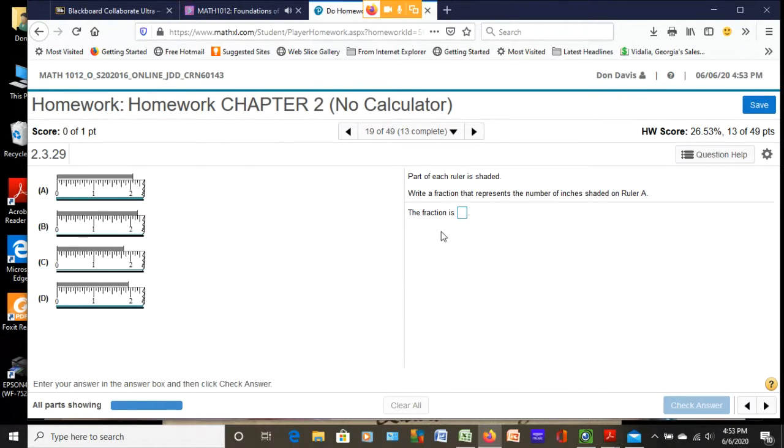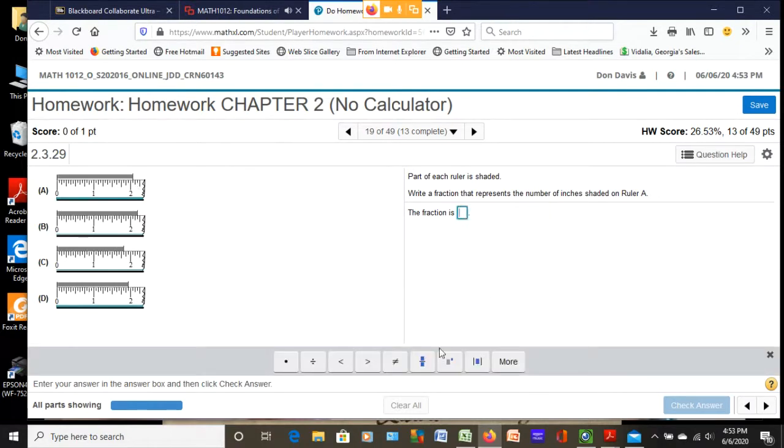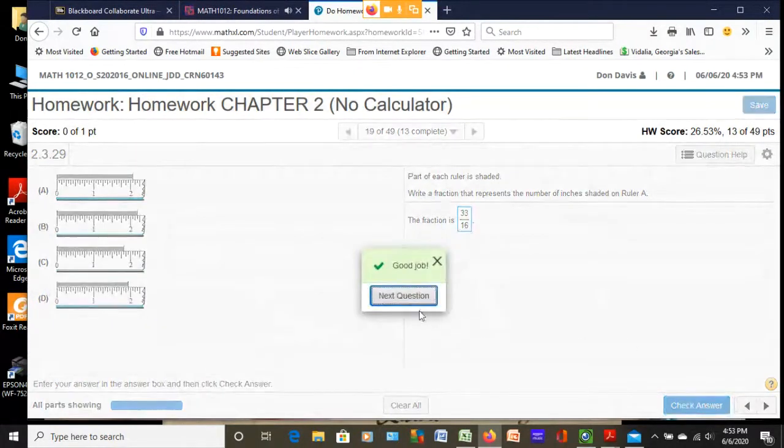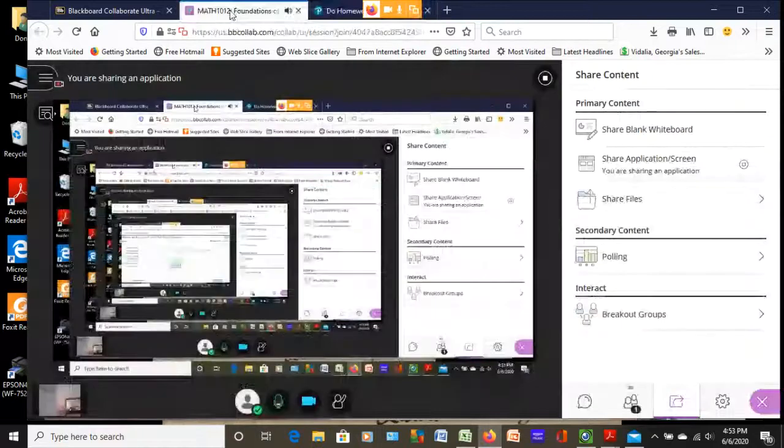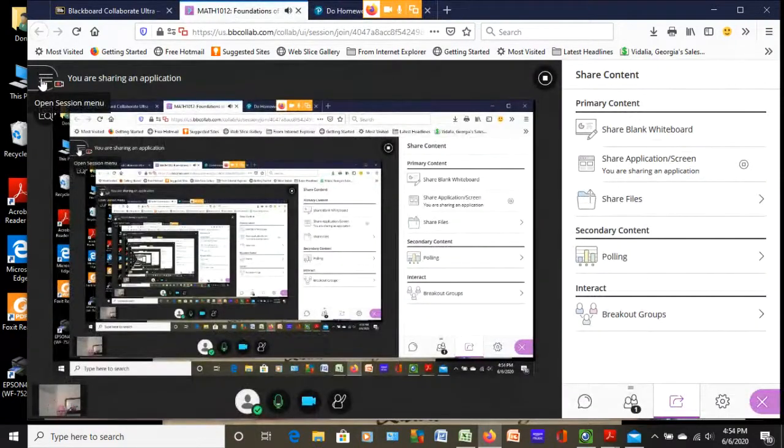And you say, well, okay, so how many do I have? I have 33. How many did it take to make 1 whole inch? 16. So what they're looking for is that representation for the fraction. And I think that's probably enough for this video, don't you? So we will pick up some more of these a little later.